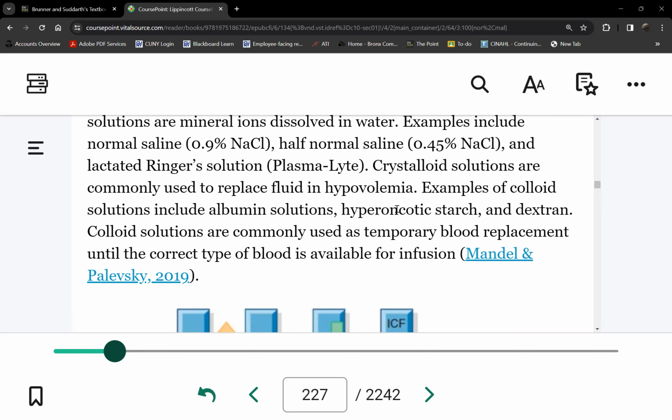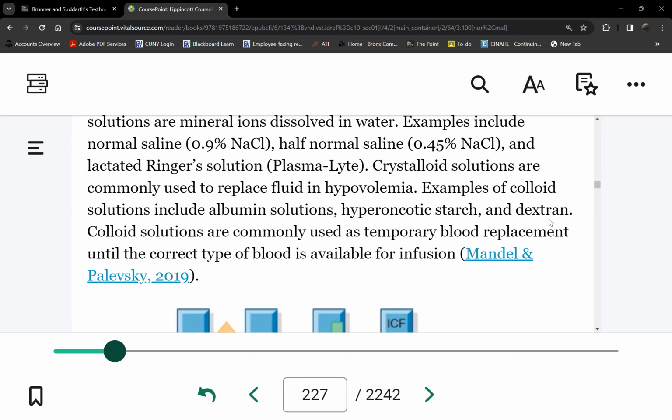So if the doctor wants to expand volume without adding additional volume, meaning there's enough volume in the body and we just need to shift it around, we don't want to add any more. I just want to increase intravascular volume without adding lots of fluids. They'll do that with albumin or dextran.